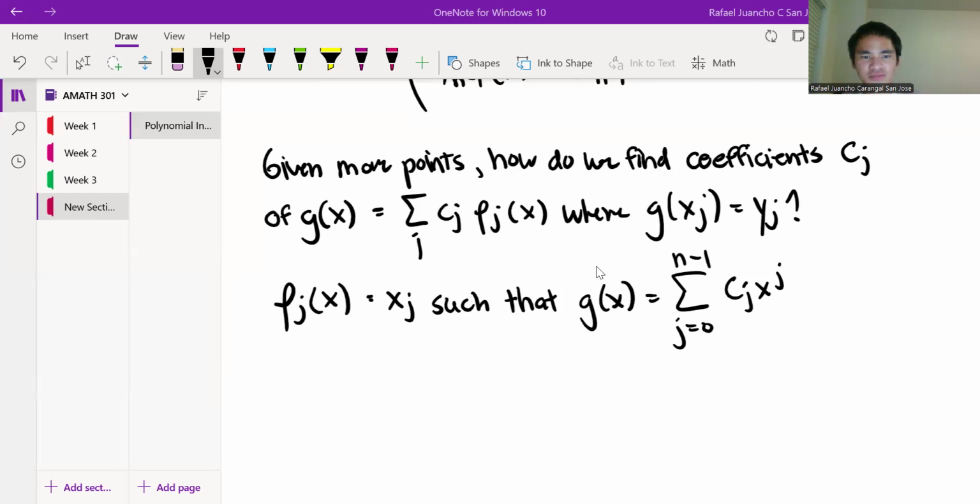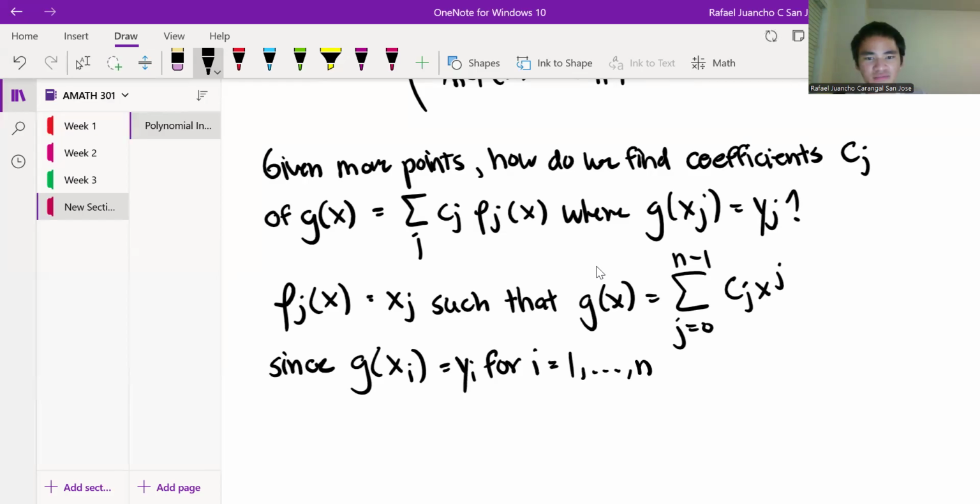And so since my g of x sub i is just equal to y sub i, for i equal to 1 all the way to n, well, we have n equations and n variables cj.